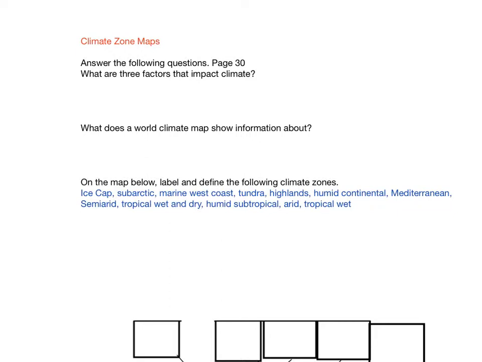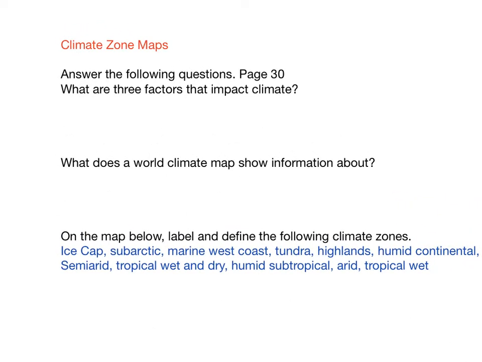Okay, so now we should be back. In our book, it says there are 3 things that affect climate. The first thing that affects climate is latitude. We have talked about this before, and that the closer you are to the equator, the warmer you are going to be. So our latitude is going to be the first thing that impacts. Think about it this way. The closer we get to the North or South Pole, the colder it's going to be.